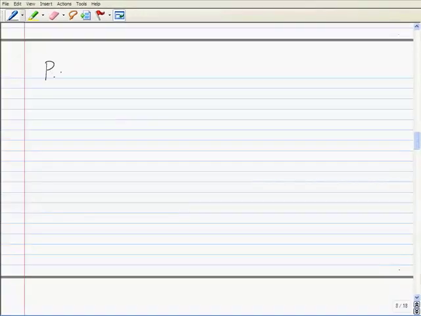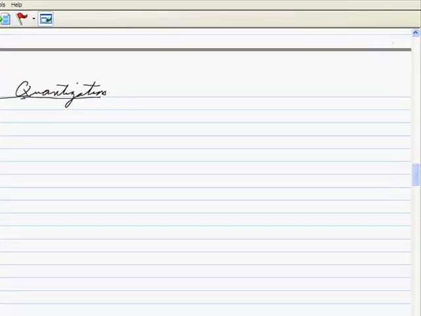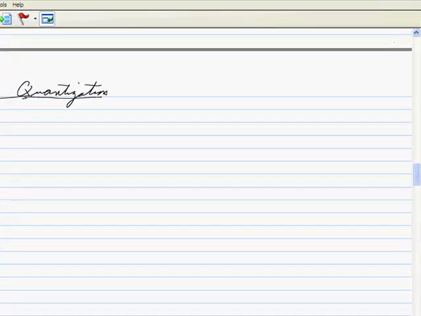All right, path integral quantization. This is the fun part.